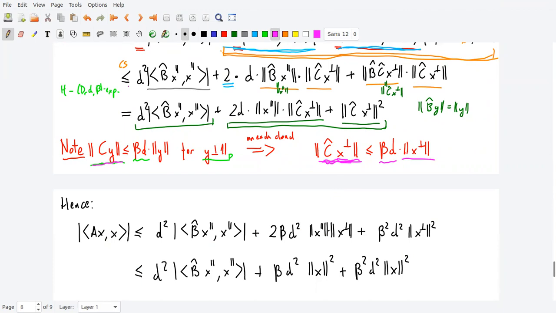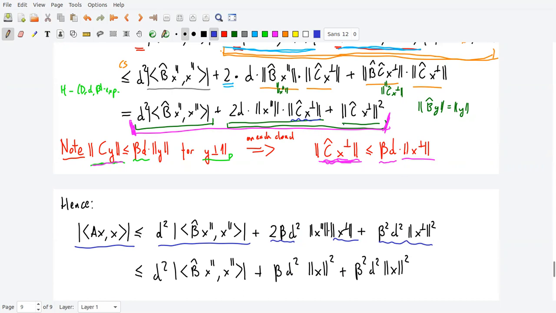So now I can rewrite this amazing formula as follows: the stuff I wanted to upper bound in the first place is upper bounded now by the average part, which I keep intact so far, and the C hat applied to x perpendicular I just upper bound by beta d times the norm of x perpendicular, and same here.